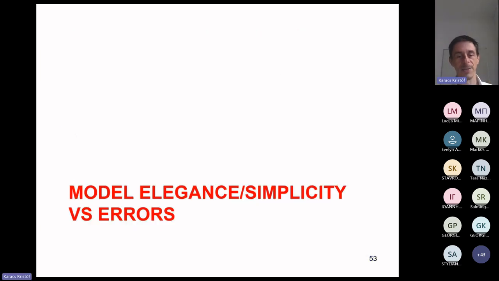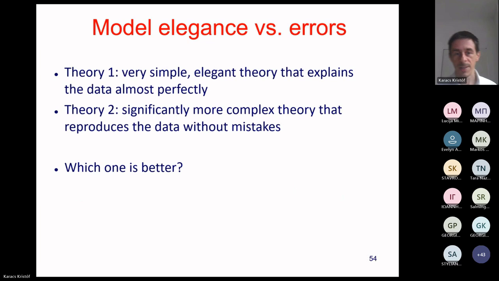And today I would like to finish by talking a bit about model elegance or simplicity versus these error measures. So if we have two possible models, which we could call theories, because they could correspond to different approaches, one is very simple and elegant, and explains the data with some mistakes, but fairly well.